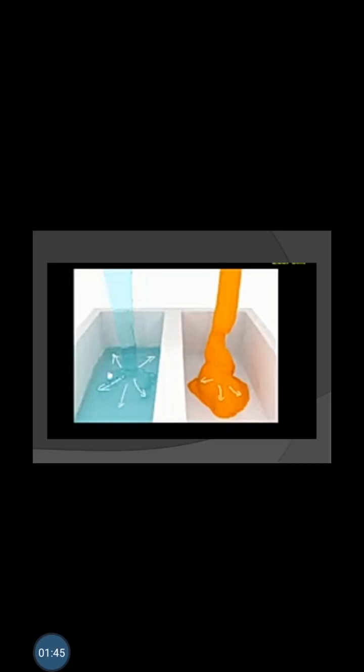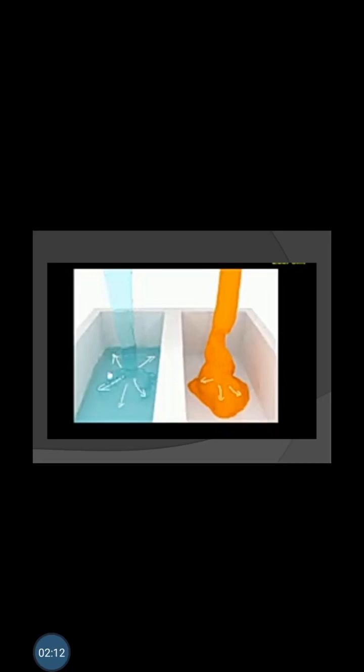Suppose water and honey flow through one pipe at the same time. Then the water molecules flow more easily through the pipe as compared to the honey. The water molecule layer moves faster than the honey.